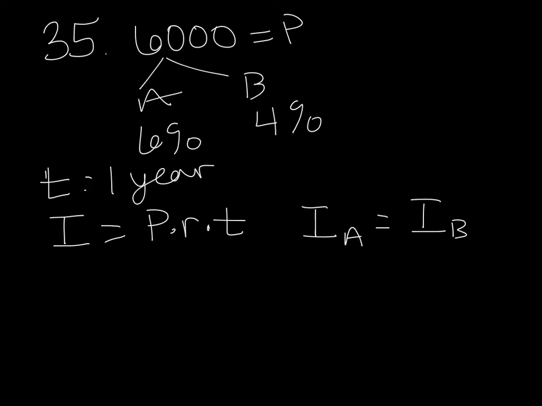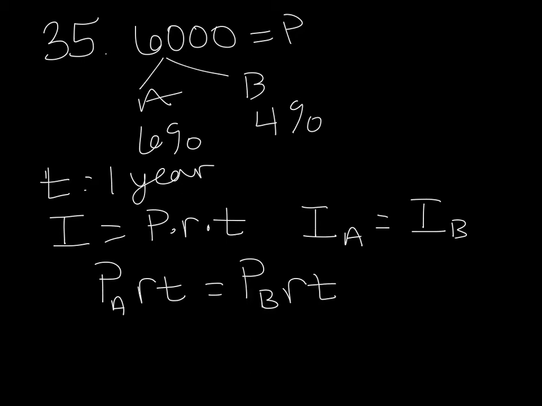So, I could say that the principal, I'm going to put a little A down here, times the rate times the time of 1, and actually, instead of saying just R here, well, I'll leave it that way for now, I guess, is equal to the principal times the rate times the time there. Okay.